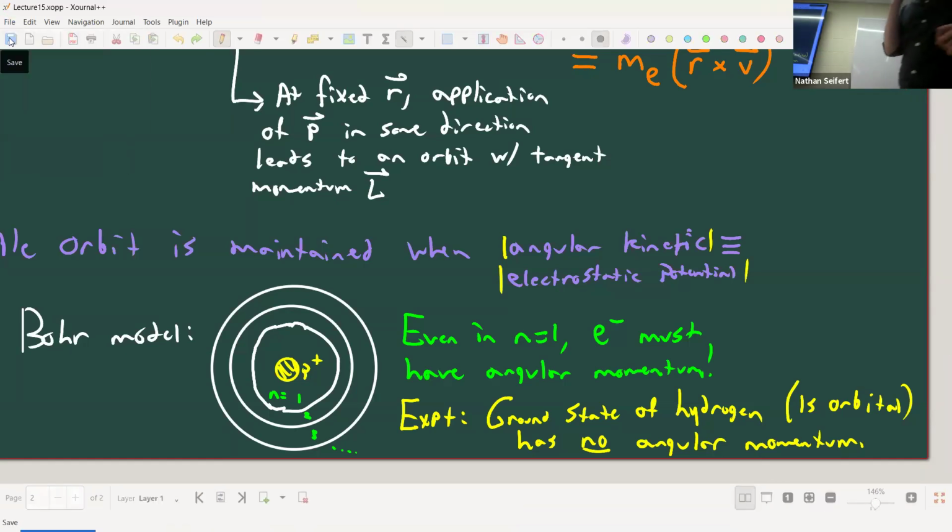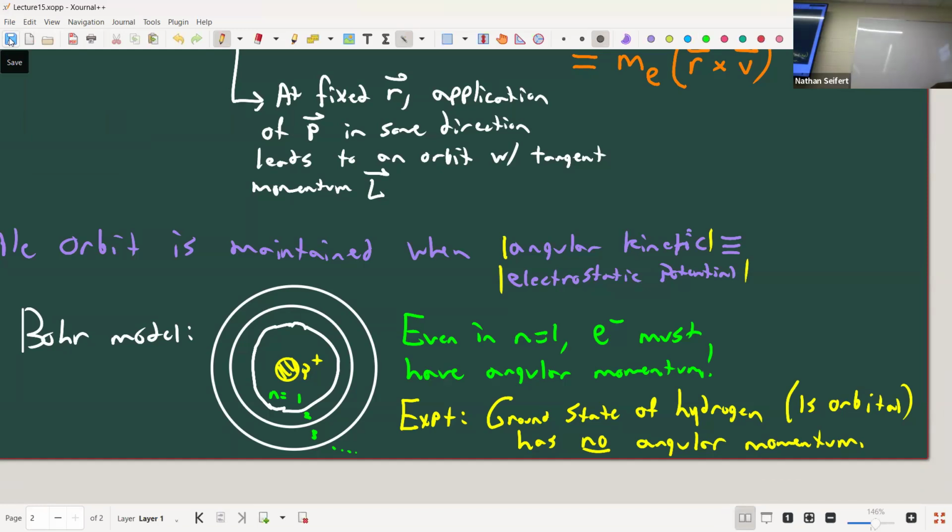So let's see if we can set this problem up. As I promised, the hydrogen atom has two different parts that we can solve separately, and we've in some sense identified those two parts already. There's the electrostatic part, and then there's the angular part. I want to identify those more explicitly, and we're going to break the hydrogen atom up into those two separate parts.